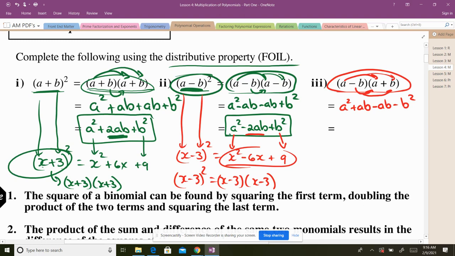What happens to the middle stuff? They disappear. ab minus ab, and I'm left with a squared minus b squared. This is called a difference of squares, okay? And when we start factoring, it becomes important.